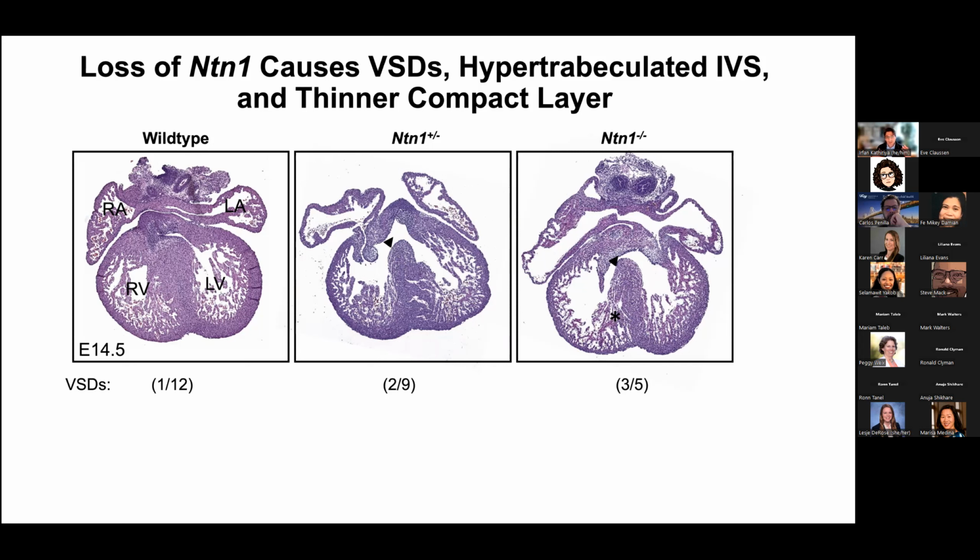This is interesting because Netrin and SLT sometimes work together, sometimes they work opposing. So this would suggest that potentially Netrin and SLT2 are working cooperatively here. At least that's the hypothesis, to help with interventricular septum, given that there are overlapping phenotypes.